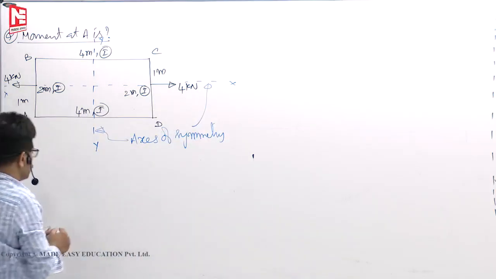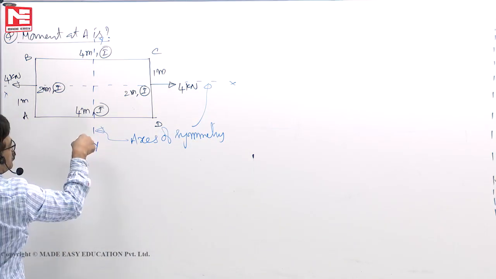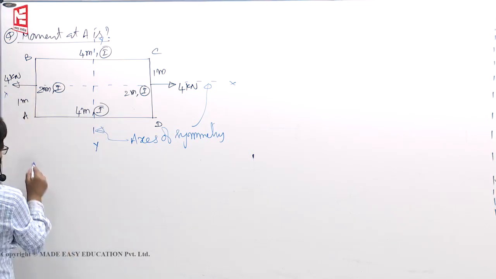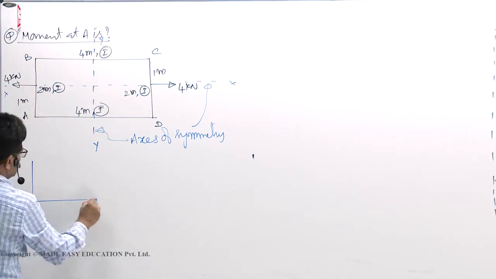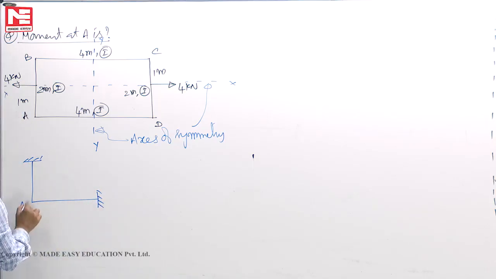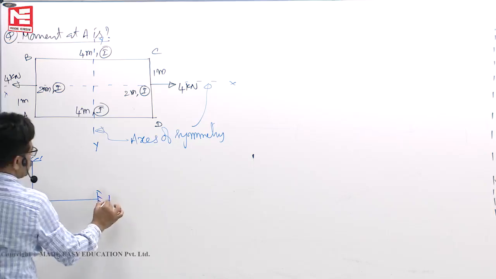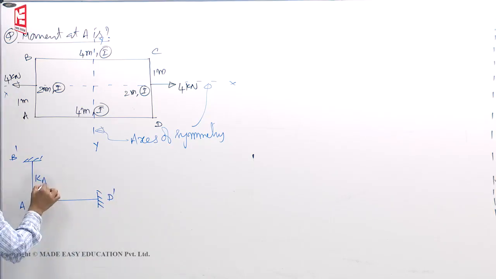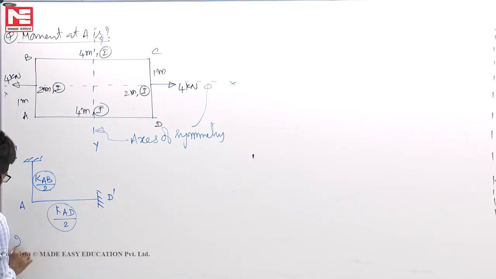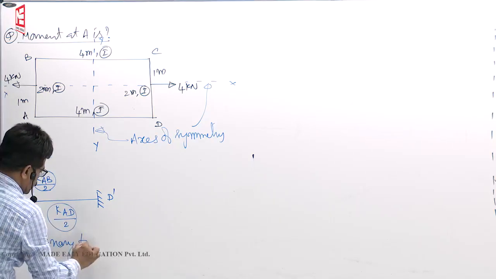So, since two symmetric axes are there, cut here, only this small piece you will get. This is your imaginary frame, A, this is B dash, this is D dash. This I have to write KAB by 2, this is KAD by 2. This is your imaginary frame.